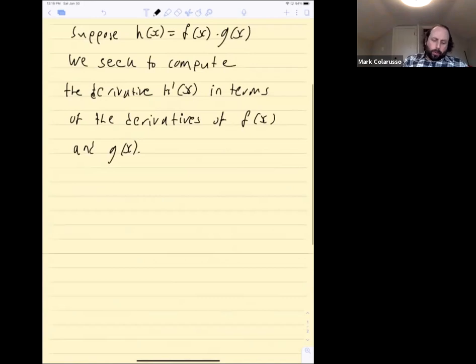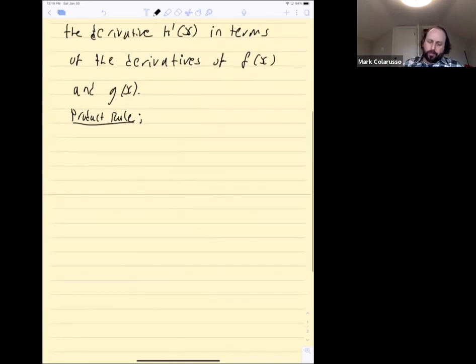So here's what the rule is. It's not what you would hope for it to be. You might hope that the derivative of h is just the product of the derivatives of f and g. That is not true. It's a more complicated formula, and it's basically because of this formula that the derivative in some sense really works the way it does. But that's a different story.